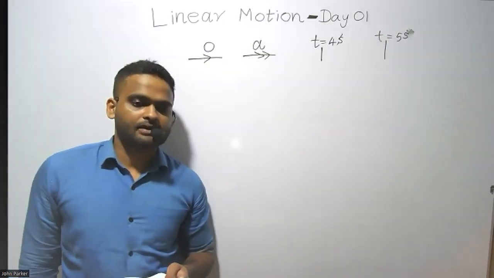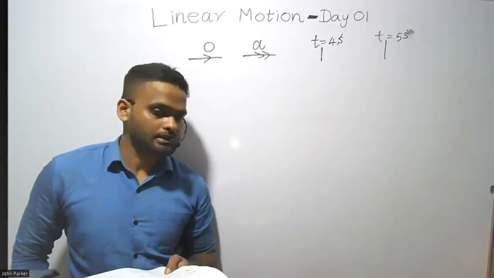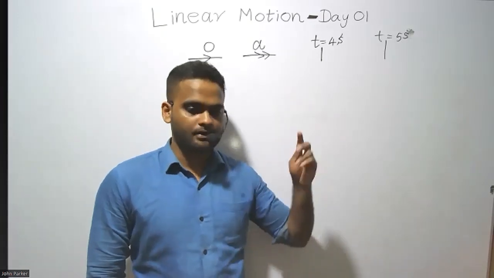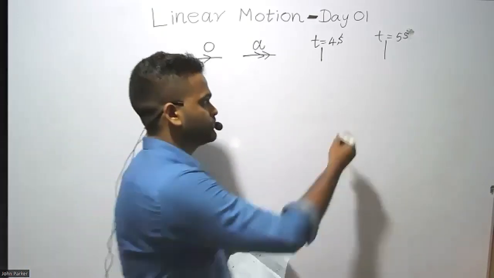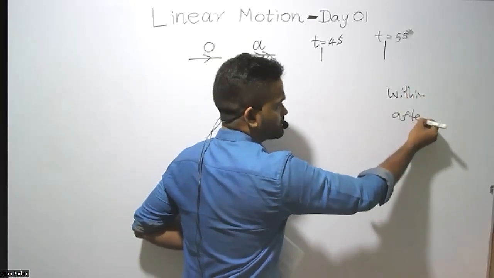So this has a very important concept, right? Now listen, you need to understand within and after. Those are two terms, right? One term is within, another term is after.